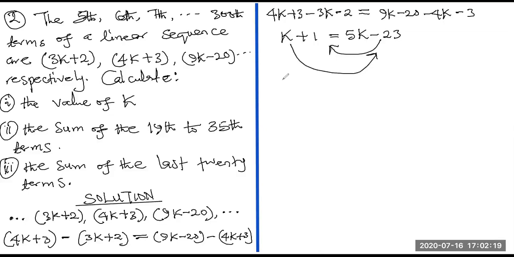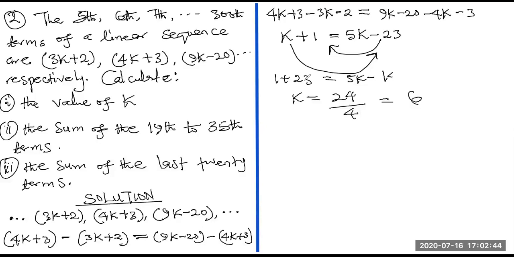So we have 1 plus 23 is equals to 5k minus k. Alright, when you finish up, you're going to have 4k is equals to 24, and our k is equals to what? 24 divided by 4. So therefore, our k is equals to 6. So now we have our k to be equal to 6.